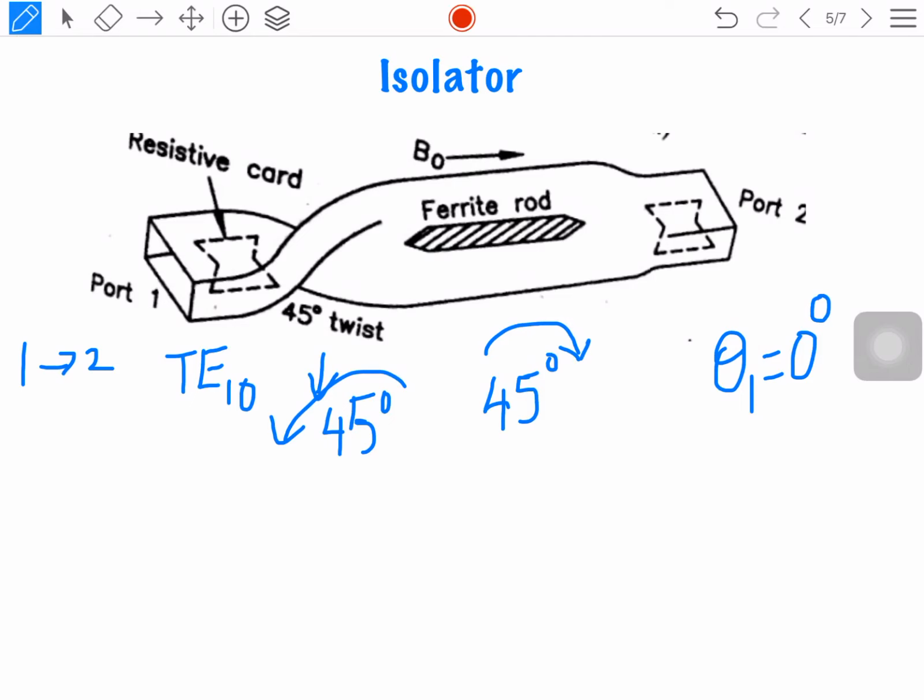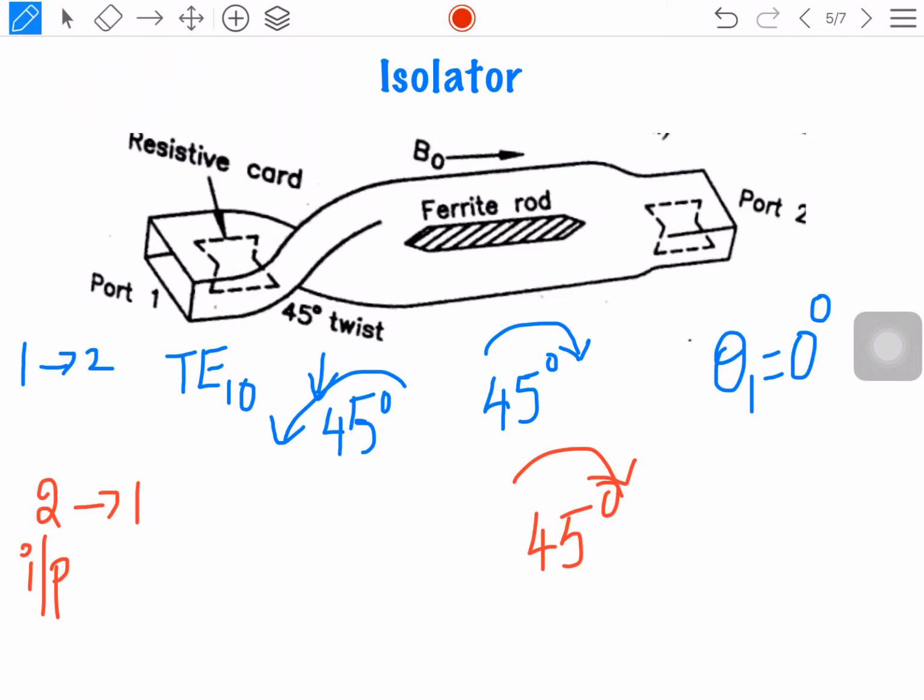Now let us take another case, that is, a wave propagating from 2 to 1. Let us consider how the wave enters port 2 and leaves port 1. Now the input is at port 2. It passes through the resistive card present at port 2 and it is not affected here, and after that the electric field undergoes a 45 degree phase shift because of the ferrite rod present in the circular waveguide.